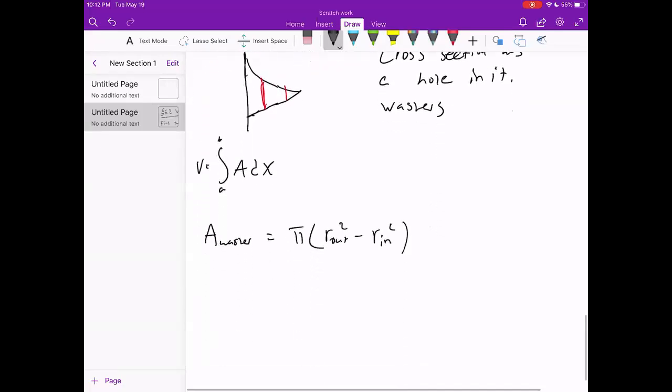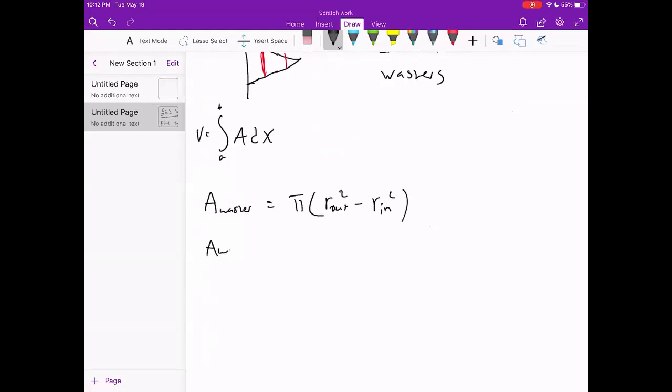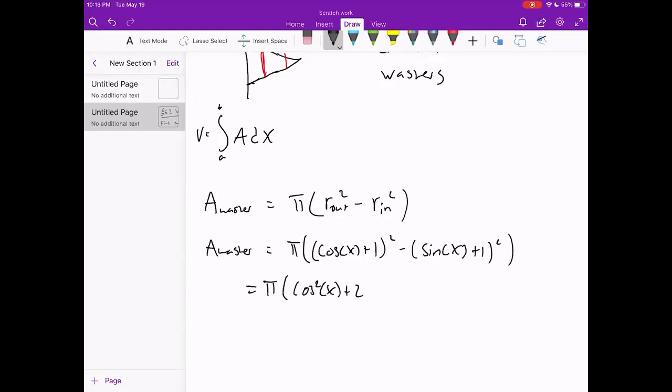Now I'm going to plug that in. So the area of my washer then is going to be pi times the outer radius squared, so outer was cosine of x plus 1 squared, minus sine of x plus 1 squared. This is going to be pi times cosine squared of x plus 2 cosine of x plus 1 minus sine squared of x minus 2 sine of x.